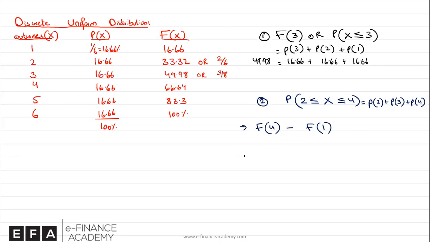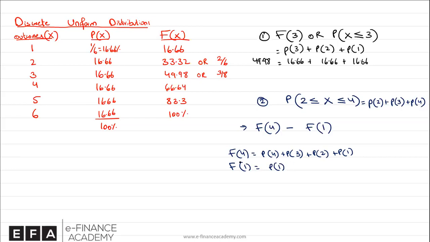Or let me put it this way. Here is how you can understand what F4 actually is. Notice F4 is P4 plus P3, because it's cumulative probability, plus P2 plus P1, right? While F1 will simply be the probability of 1 only.